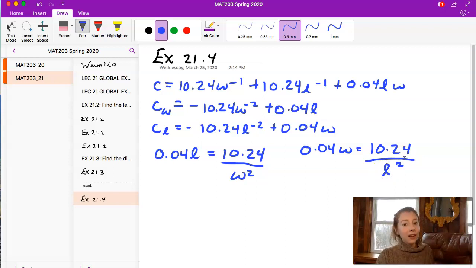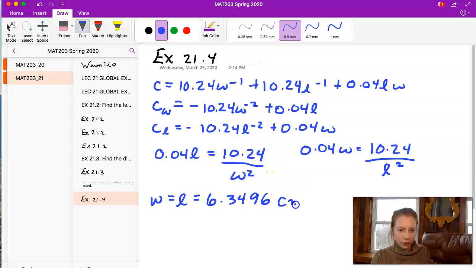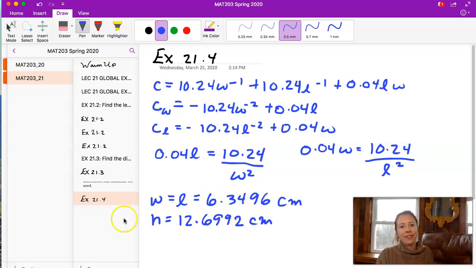So clearly, W is going to equal L in this case. So W equals L equals 6.3496 centimeters, and that means height is going to be 12.6992 centimeters.